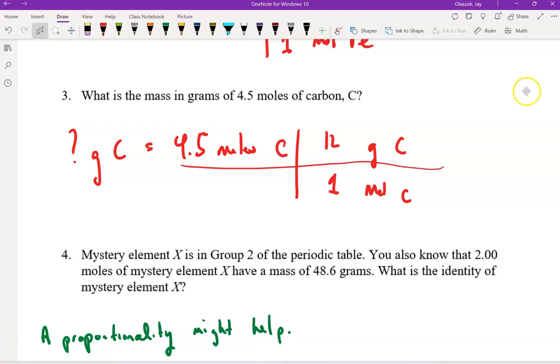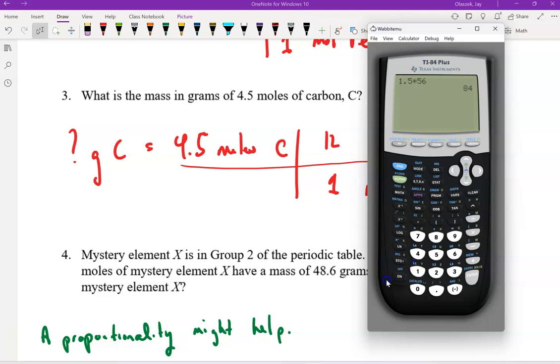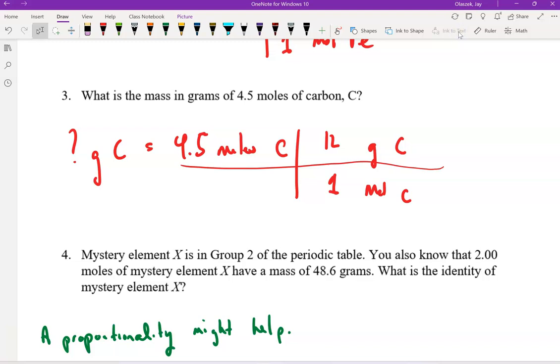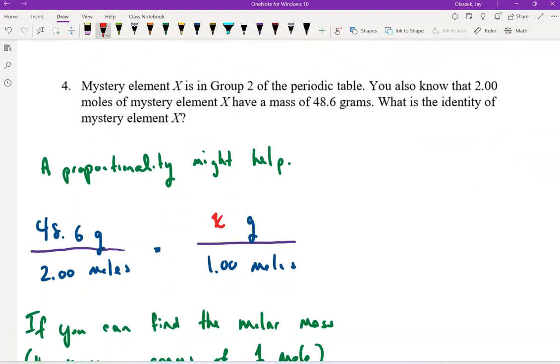That's a pretty easy one. You know how to find that one. And so here is our periodic table, and we're going to say 4.5 times 12. We get 54. That means that there are 54 grams of carbon in 4.5 moles. All right, last one.